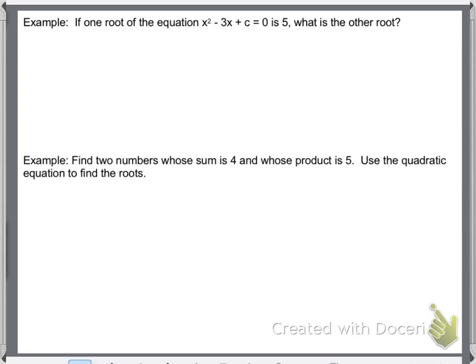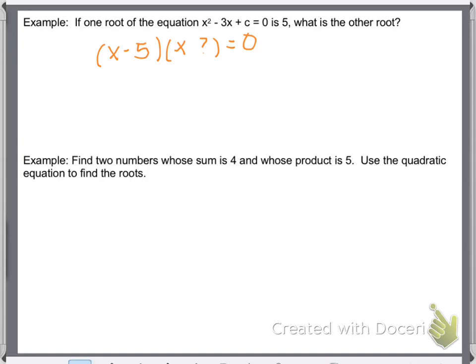So here's where you can use the sum and the product of the roots to solve an equation such as this. We're given x squared minus 3x plus c equals 0, and one of the roots is 5. So that means we have x minus 5, but we don't know the other one. If x minus 5 is one factor, we know that we need negative 3 as our b term.